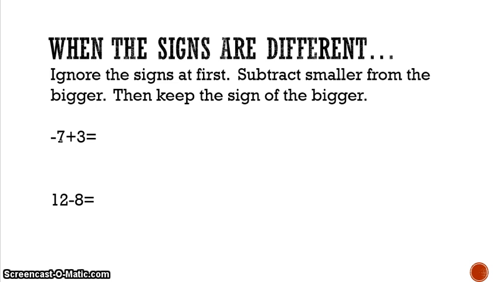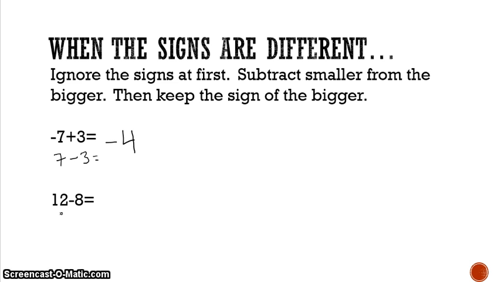But I'm going to ignore the signs. I'm going to say 7 is bigger than 3. So I'm just going to do the bigger minus the smaller, and that will give me what? That will give me 4. And then the most important part is keep the sign of the bigger number. My bigger number was 7, so I'm going to keep its sign, which is negative.